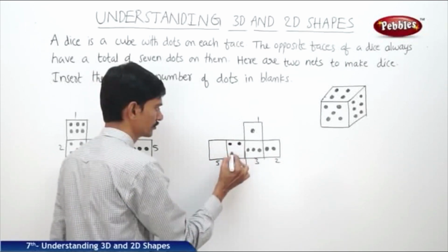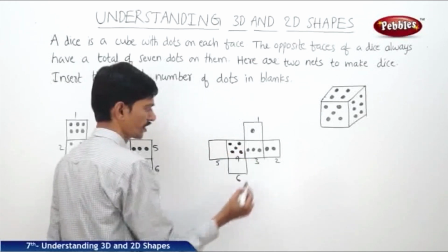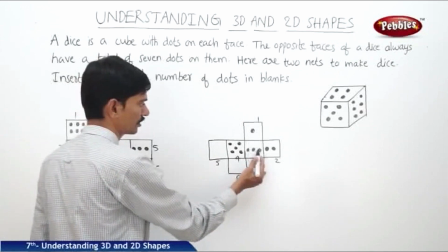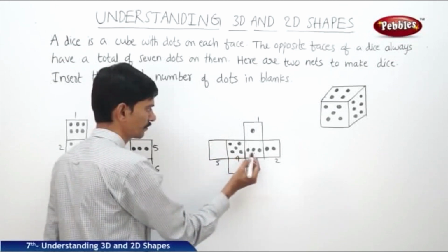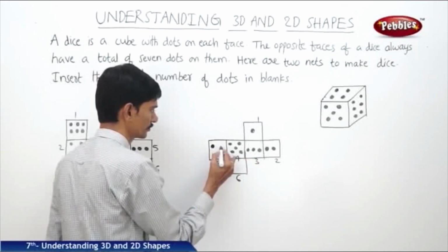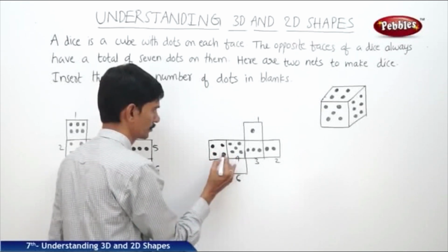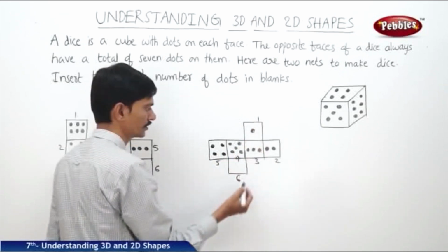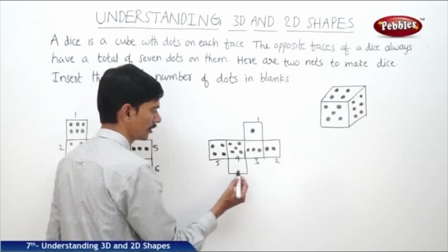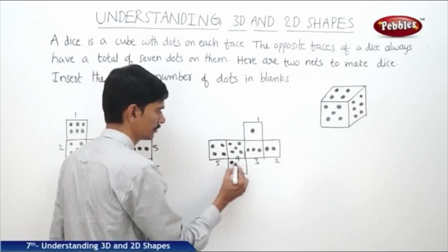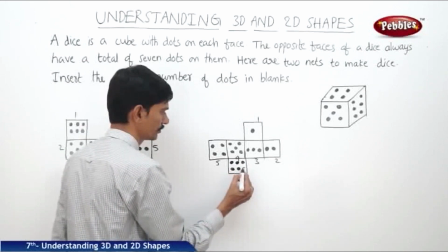Now face 3 has 3 dots on it, so its opposite face 5 will have 4 dots, because 3 plus 4 is 7. And faces 1 and 6 are the opposite faces. As face 1 has 1 dot, face 6 will have 6 dots on it.